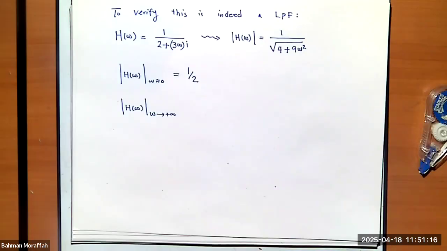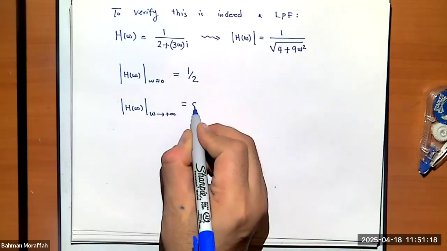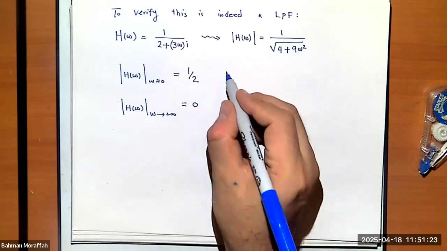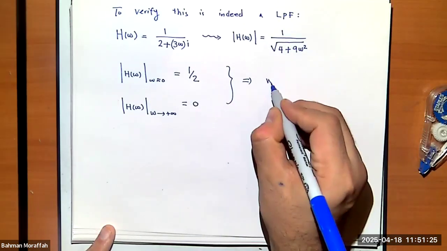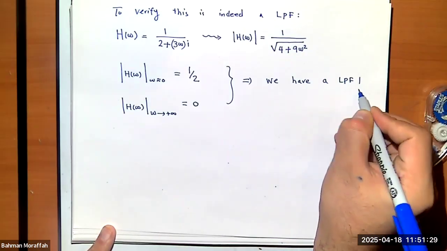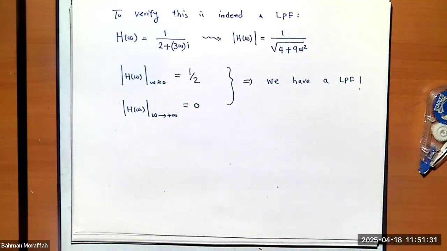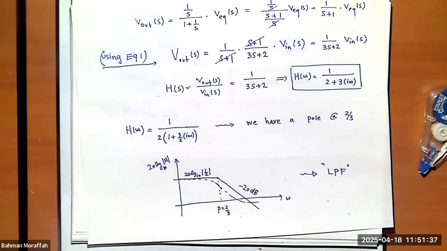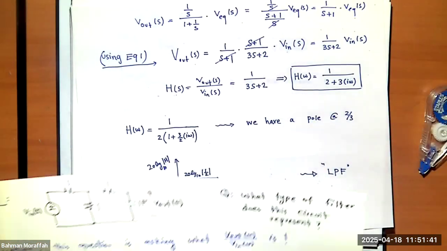If omega approaches infinity, this is 0, which is indeed a low pass filter. So we can always approximate our low pass filter using what we just learned. Any question?